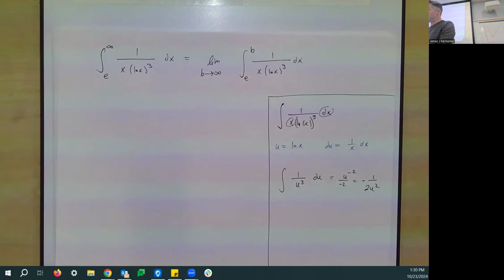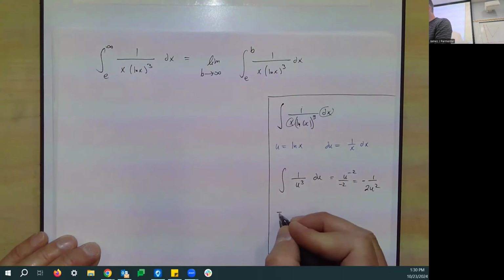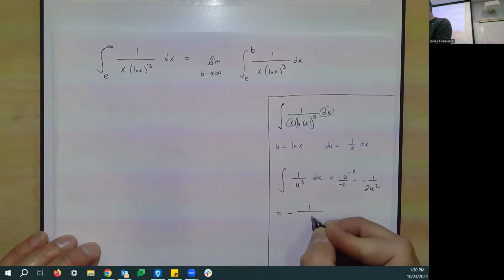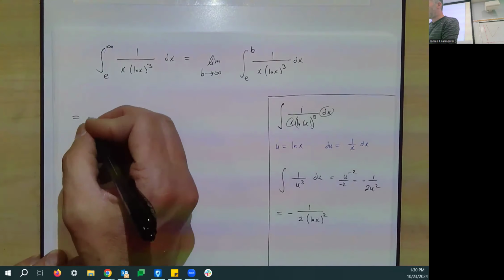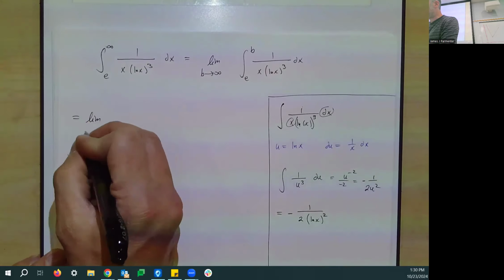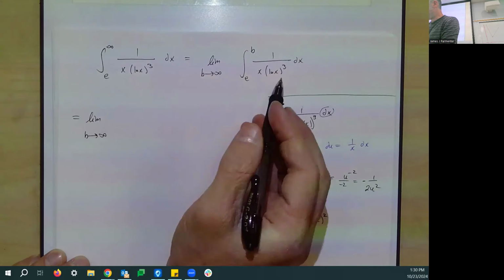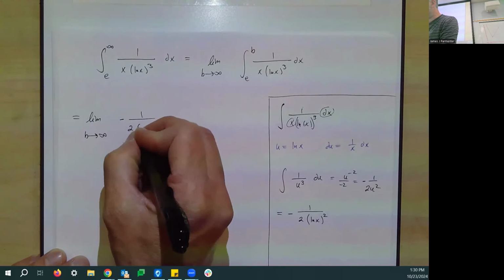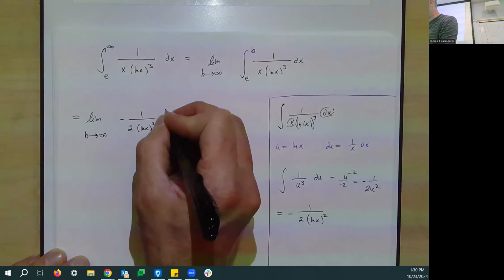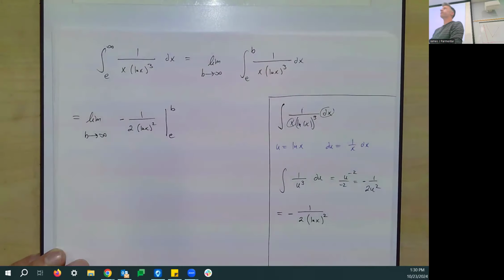And then let's plug back in that u is equal to the natural log of x. So we get negative 1 over 2 times the natural log of x squared. So now I know what the antiderivative of this function is. And so then over here in my next step, I can write this as the limit as b approaches infinity of the antiderivative, negative 1 over 2 times the natural log of x squared, evaluated from e to b.